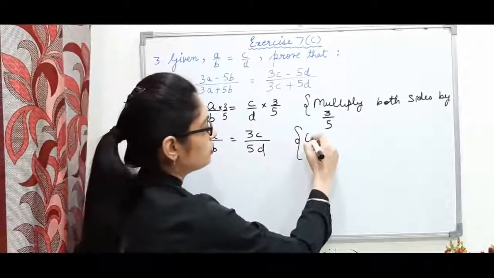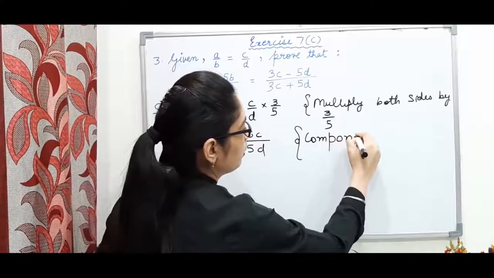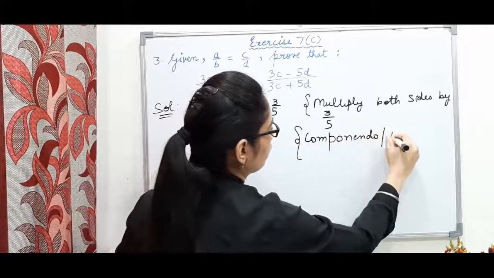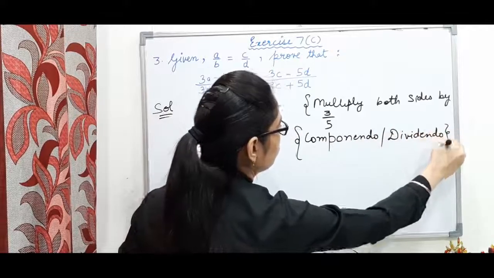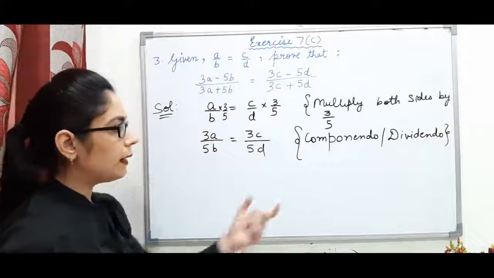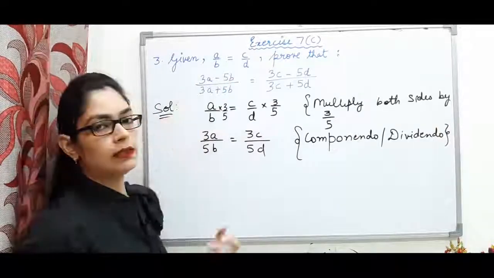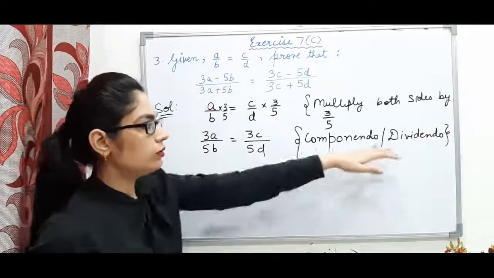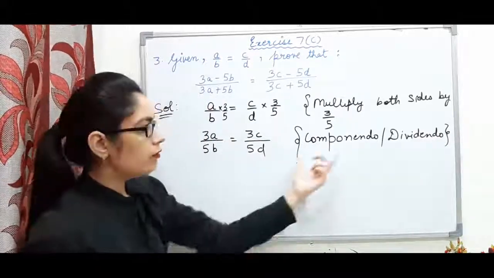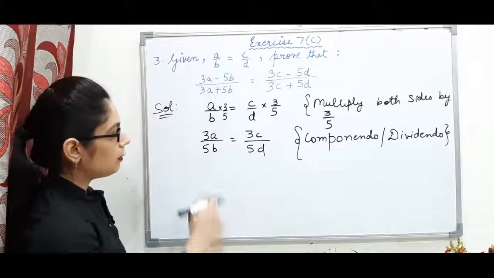In previous questions also we have applied that property, that is componendo and dividendo. So componendo and dividendo we will apply. Why do we apply this property together? Because both terms are there, in the form of subtraction and also in the form of addition. This fifth property, in which both componendo and dividendo are used together, we will apply.